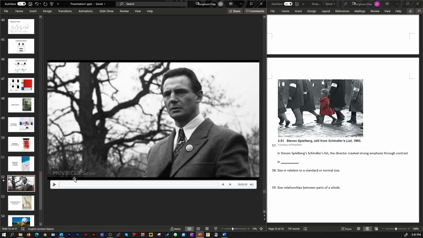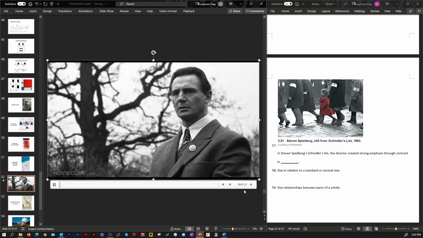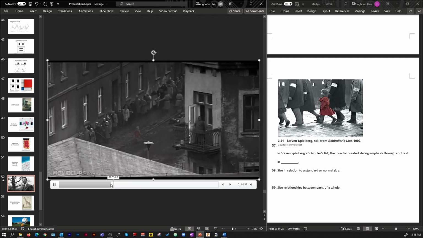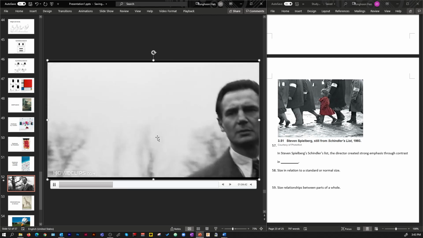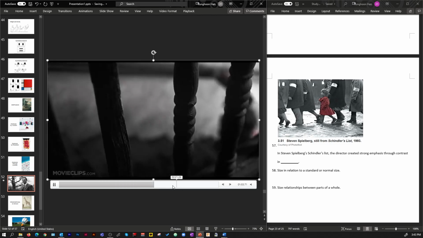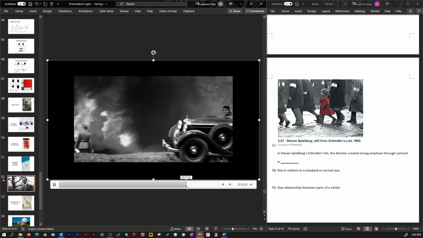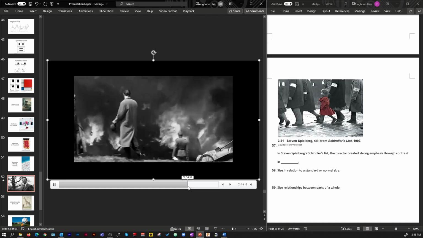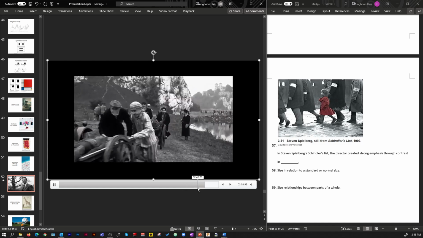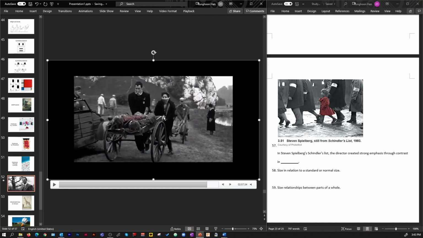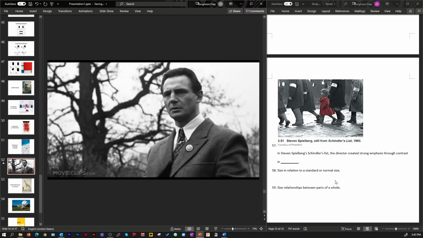And we looked at this film, how Steven Spielberg only showed this kid in the red coat, thus creating this really strong emphasis, contrast, visually and also conceptually. So towards the end of the film, he sees this red coat again. So yeah, it's a really strong use of the contrasting color.